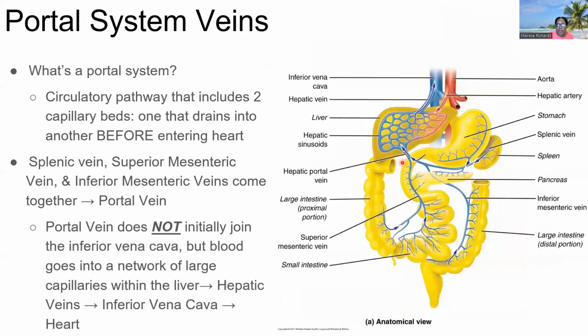The portal system. So this is the separate venous drainage that has to be funneled through to the liver. And all of the organs that are being drained into the portal system are the organs that absorb the digested material that pass through the GI tract.